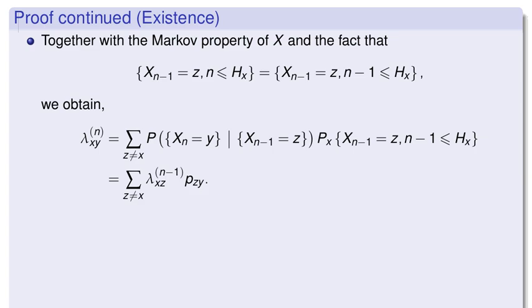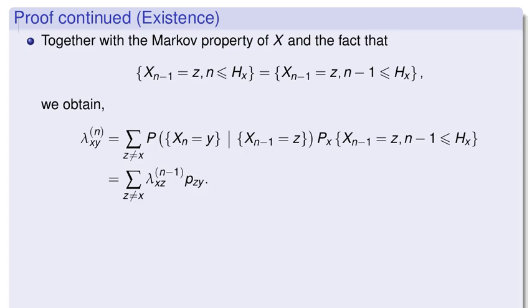Combining this with the Markov property of X, and the fact that the event X_{n-1} equals z and n is less than or equal to h sub x is the same as X_{n-1} equals z and n minus 1 is less than or equal to h sub x. Since if n minus 1 is greater than h sub x, then n cannot be less than or equal to h sub x unless X returns to x at n minus 1, which is excluded as z does not equal x.